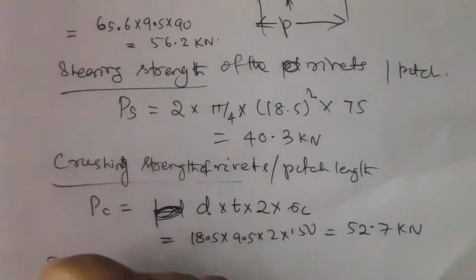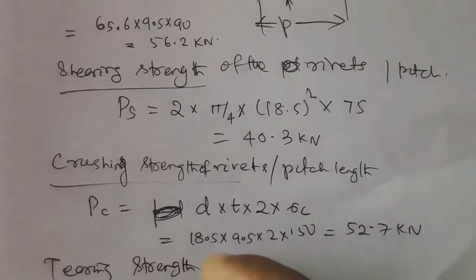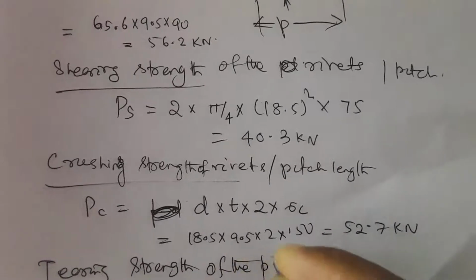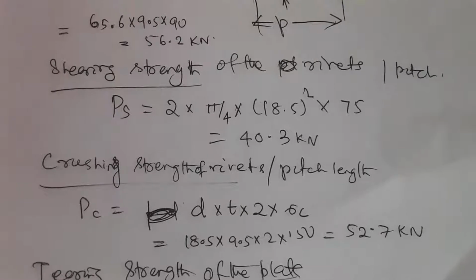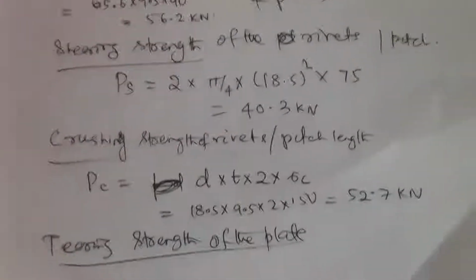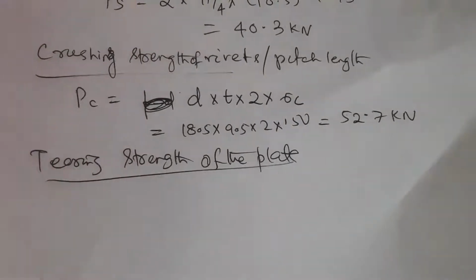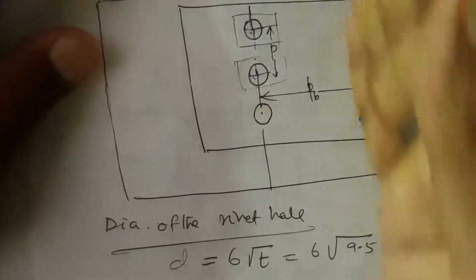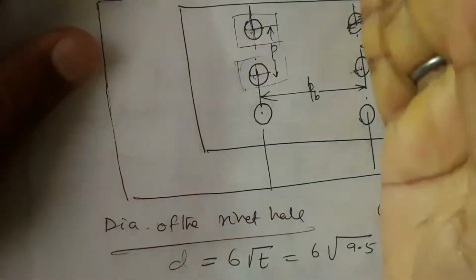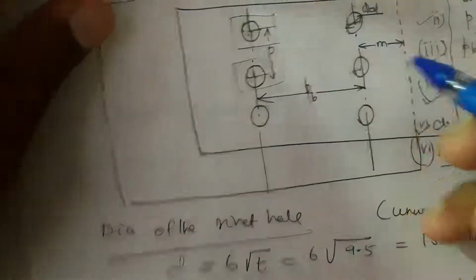Then the tearing strength. The plate may tear at this section or this section. If it is tearing at this section, what should be the pitch minus D?